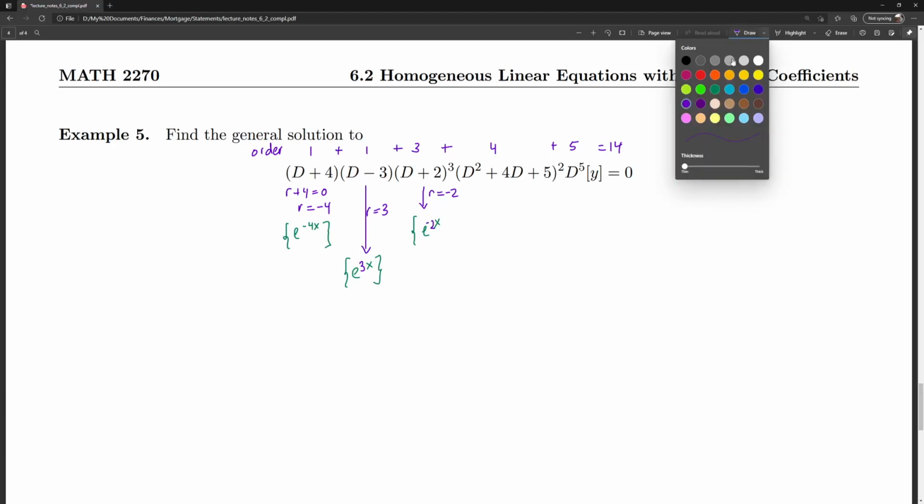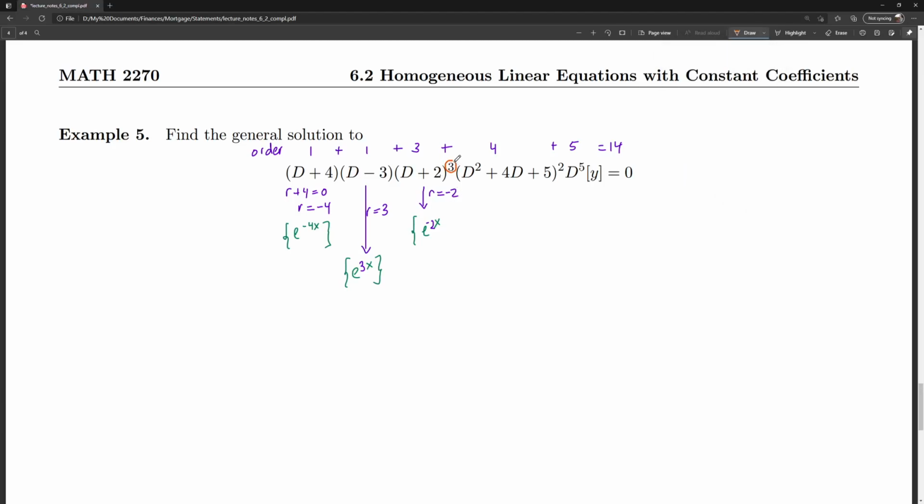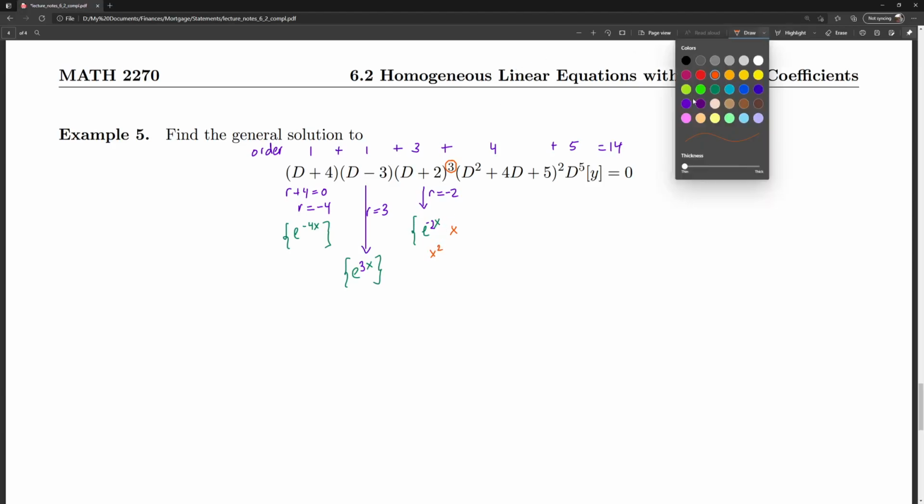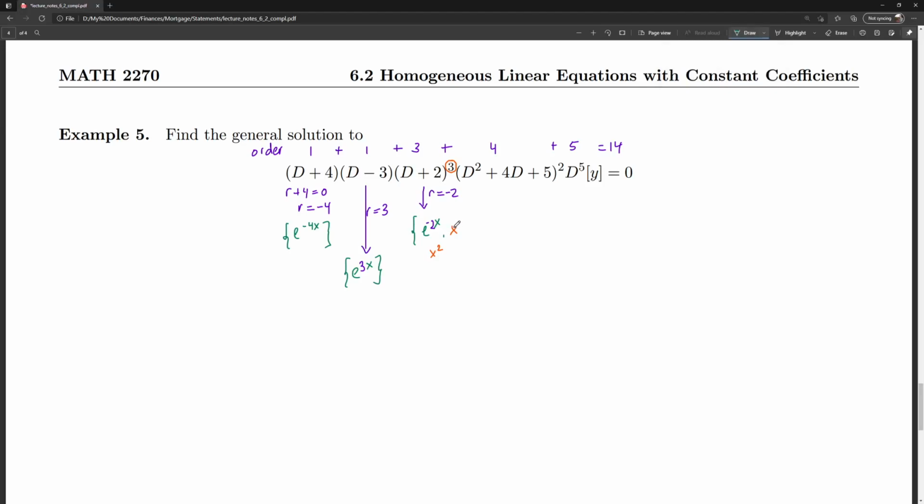But because of the multiplicity of 3, we also have terms with x and x squared. So that's x e^(-2x), and then x^2 e^(-2x). So 3 solutions right there.